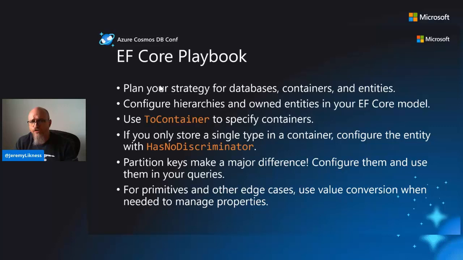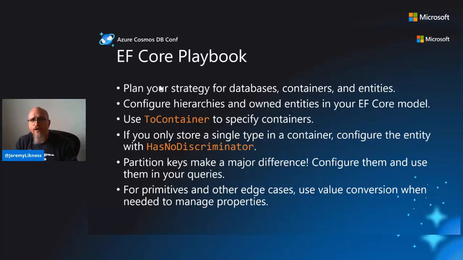You can use ToContainer to specify containers, and I'm going to show that. And one of the interesting things and a feature that people like about EF Core is that by default, it'll store multiple types in the same container. So if I was tracking parent and pet and child separately, those could be tracked in the same container, and it just uses a discriminator field, which is an internal field that it uses to flag what the type should resolve to. This makes it easy and lightweight to overload.